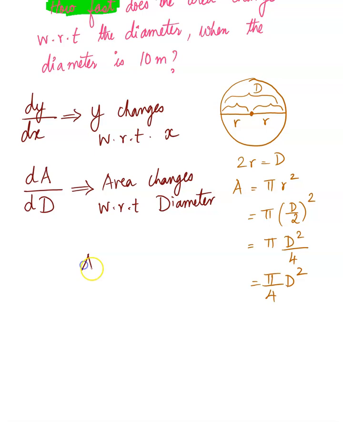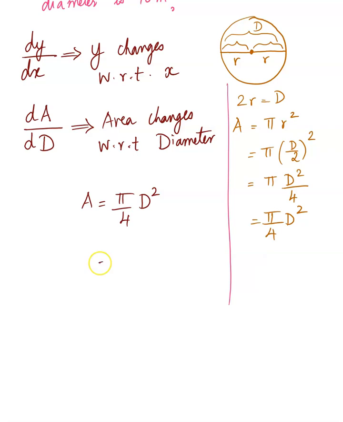So we already have A to be pi over 4 D squared. Let me separate the space here so we don't spill into it. And so now if I have to do dA over dD, D is the variable here.